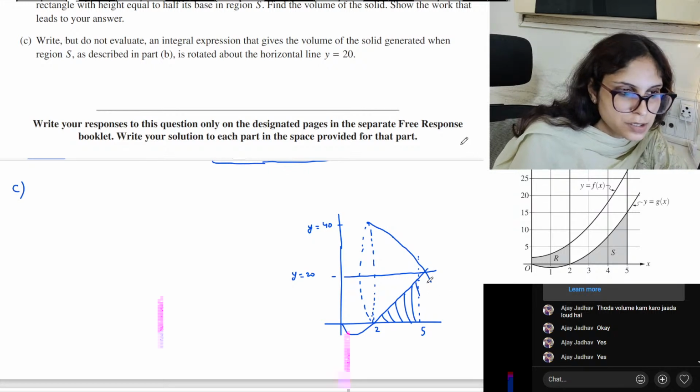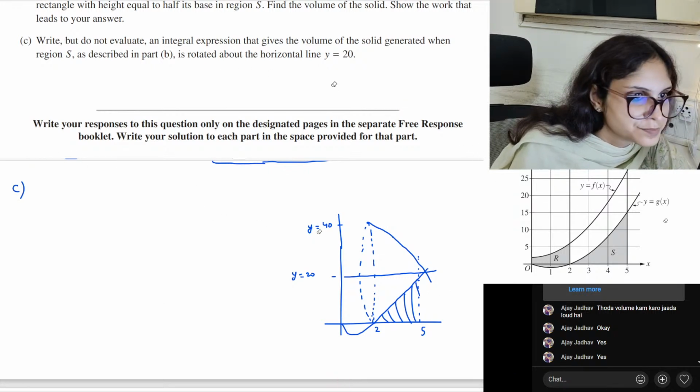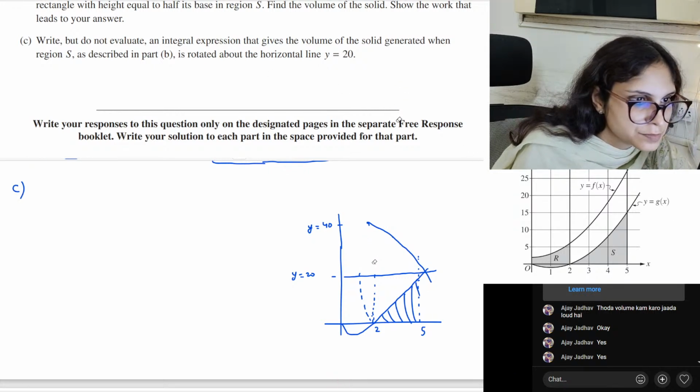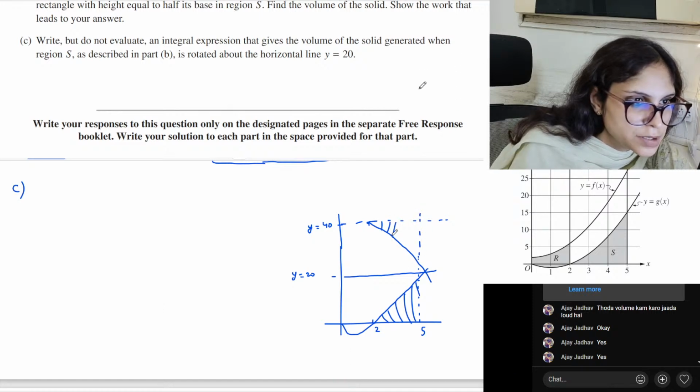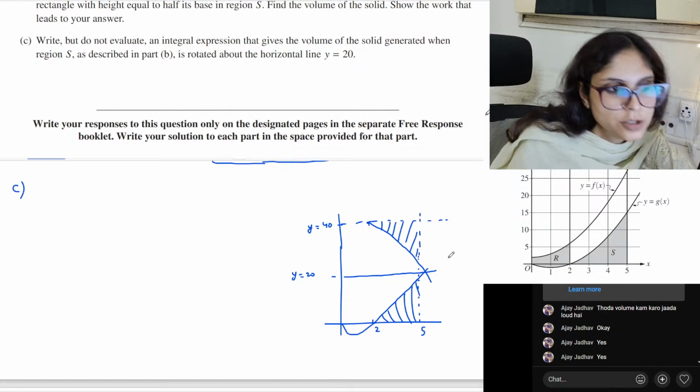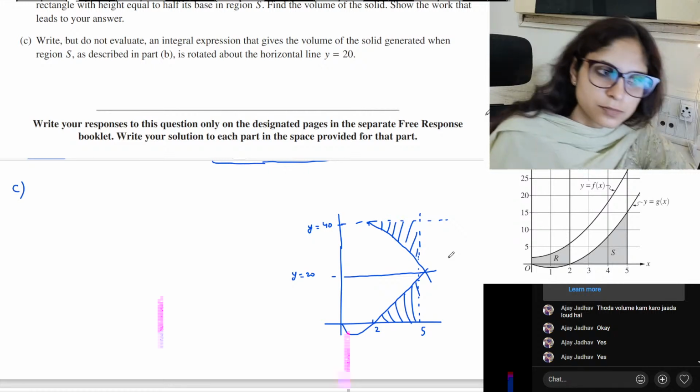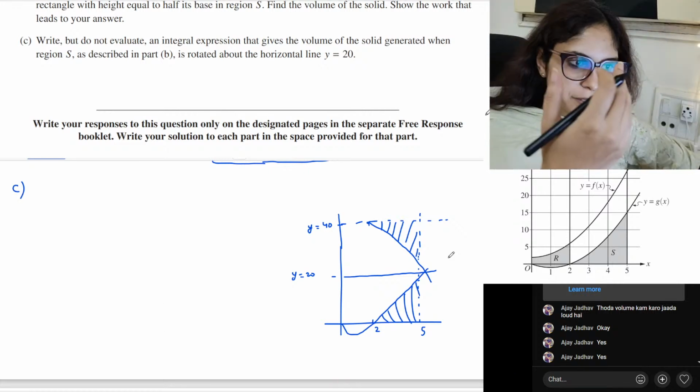And you want this thing. Okay? So over there also, it will be this region which you will be getting. Got it? So we have rotated it.